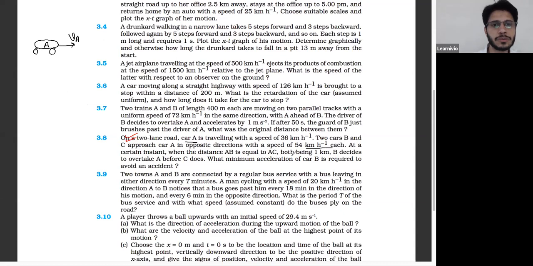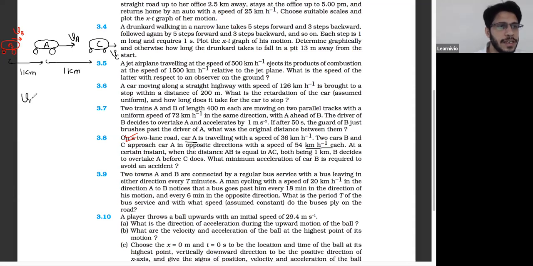At a certain instant, B decides to overtake A. So this is car B, traveling with a velocity VB. And this is car C, traveling with a velocity VC. So this is VB, this is VA, and this is VC. The distance between B and A is 1 kilometer. And similarly, the displacement between A and C is again 1 kilometer.